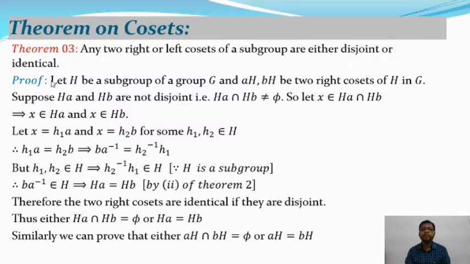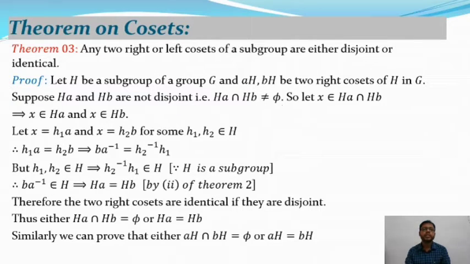Any two right or left cosets of a subgroup are either disjoint or identical. Here is the proof. Let H be a subgroup of a group G, and Ha and Hb both are right cosets of H in G. Suppose Ha and Hb are not disjoint, that is, Ha intersection Hb is not equal to phi.